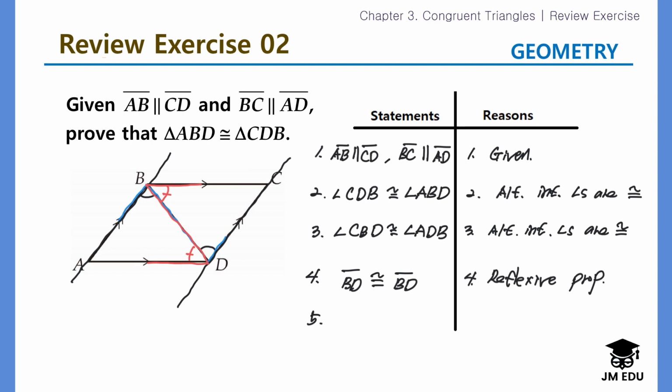So we can conclude that triangle ABD is congruent to triangle CDB. The reason, by ASA, angle, side, angle congruence. And we're done.